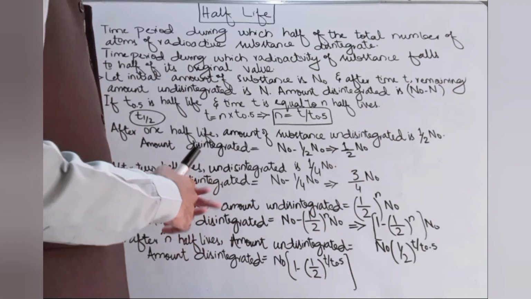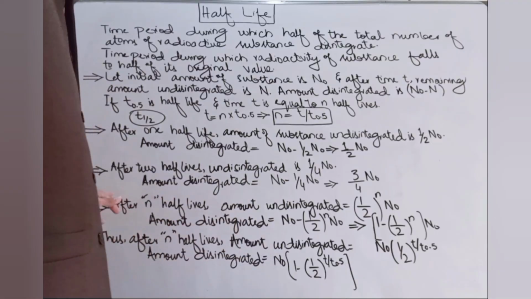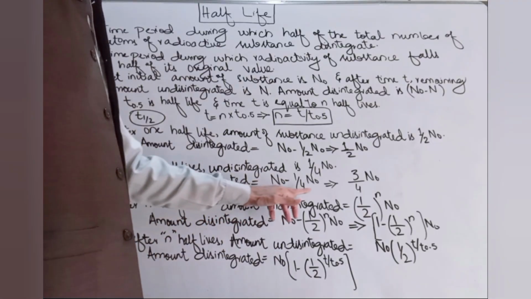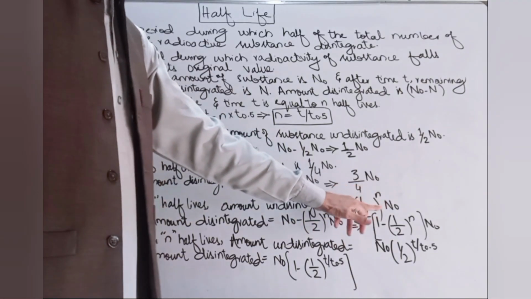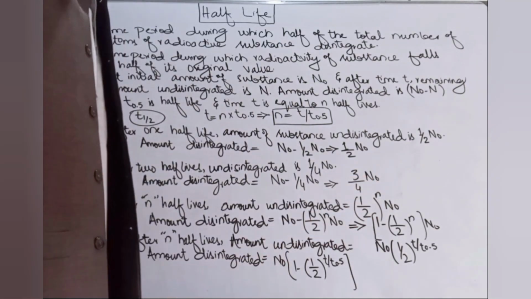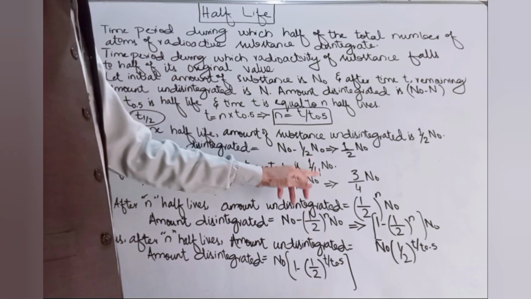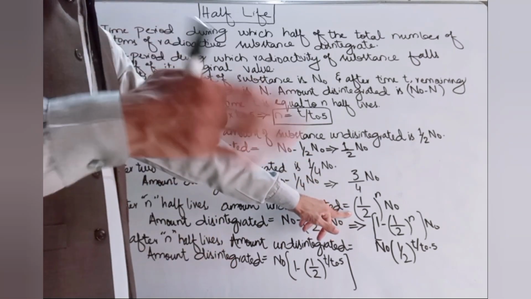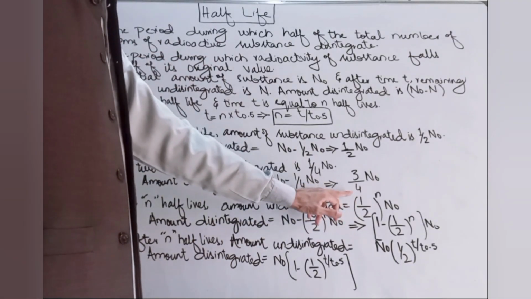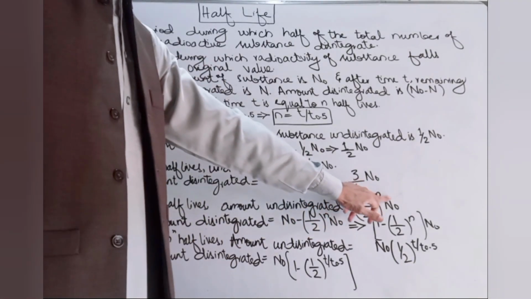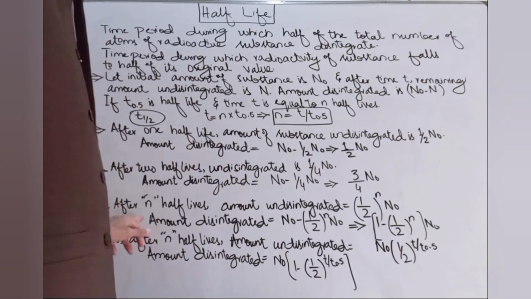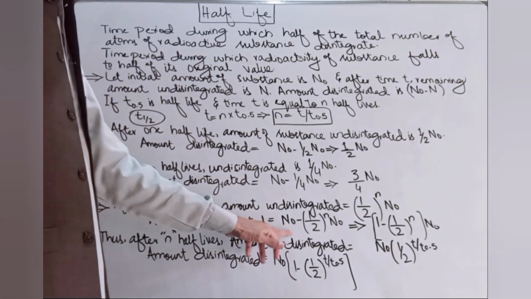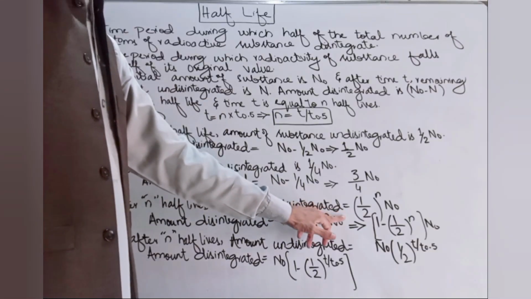The number of half-lives can be infinity, so we take n. After n half-lives, the undisintegrated amount is equal to (1/2) raised to power n into N0, as we have done here, 1/2 into 1/2, n number of times. The amount disintegrated after n half-lives is N0 minus (1/2)^n N0.